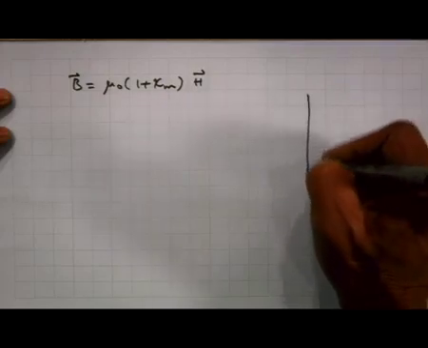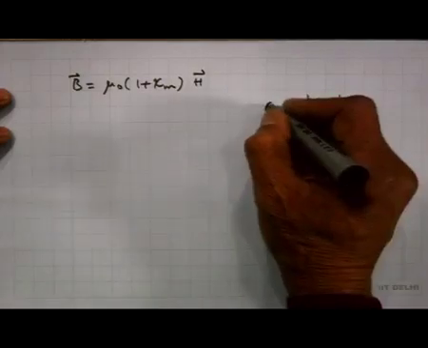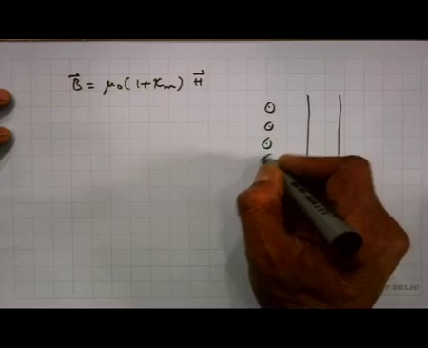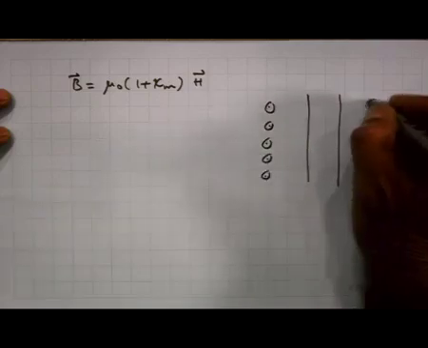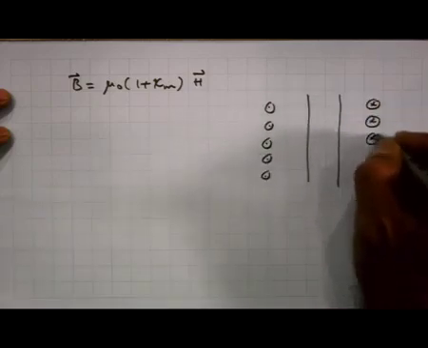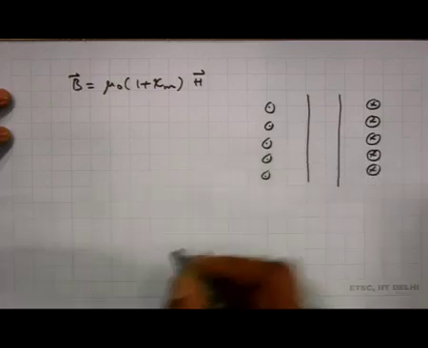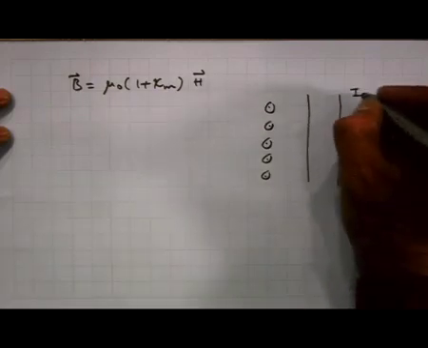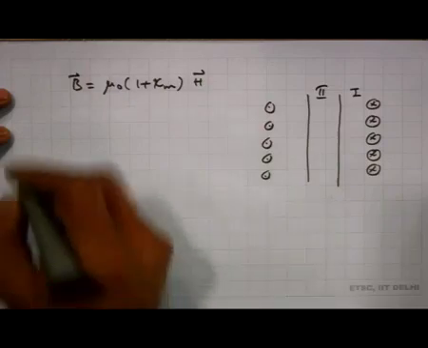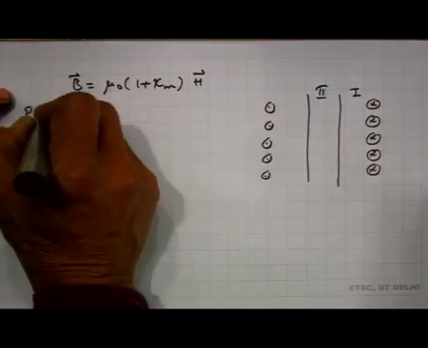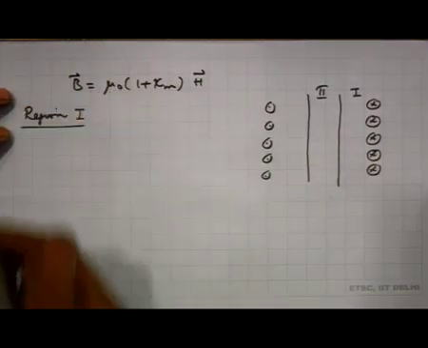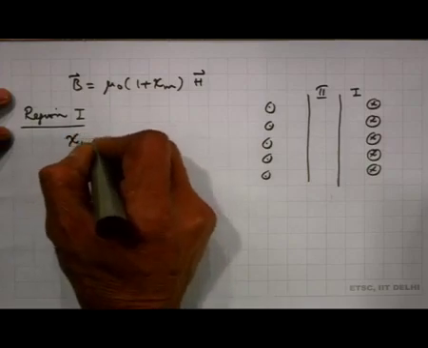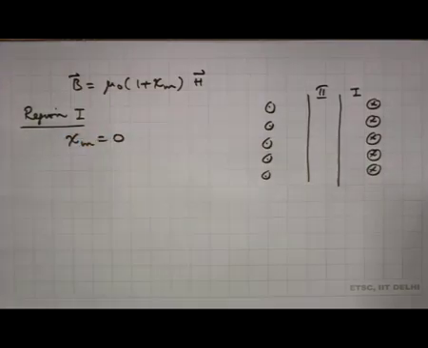So, let me draw again. So, this is the medium, here are the wires. So, let me call this region 1 and this is region 2. So, in region 1, chi m is 0 because there is no medium.